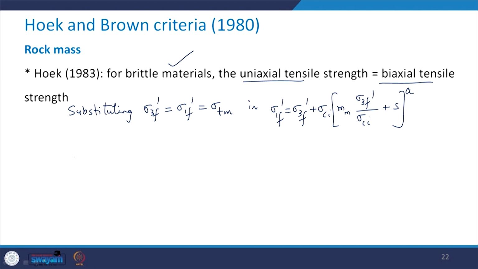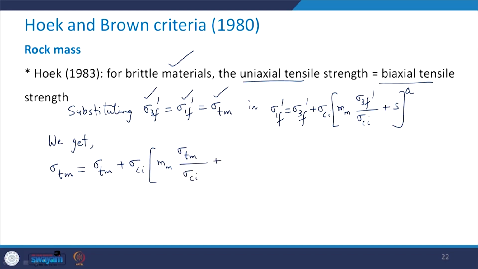Just substitute it in this, what we get is sigma Tm equal to sigma Tm, because sigma 3f, sigma 1f and sigma Tm are equal to each other, plus sigma Ci into mm sigma Tm divided by sigma Ci plus s to the power a. This will get cancelled out.